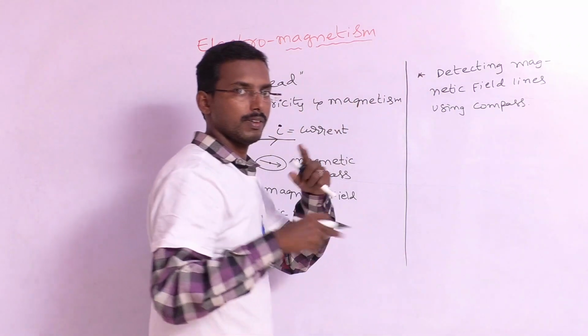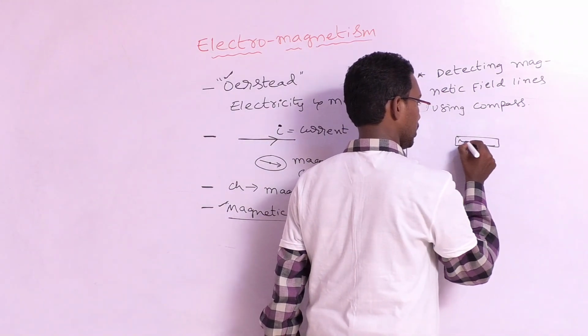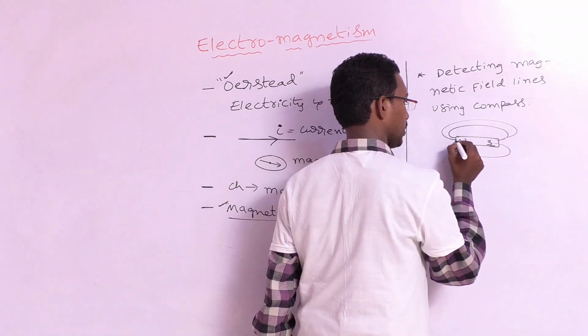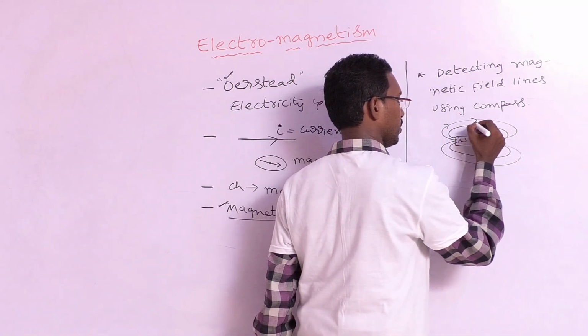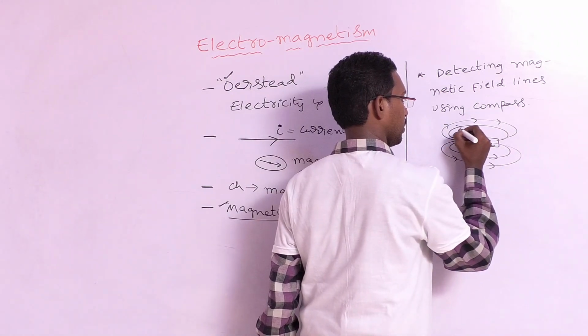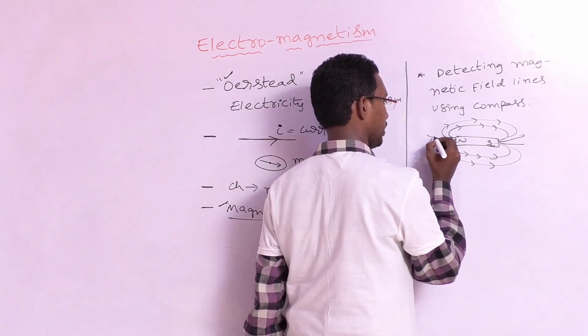We will find the magnetic field lines for a bar magnet. If you take a bar magnet like this, we come across these field lines, which originate from the North Pole and end at the South Pole. So this is the schematic diagram.